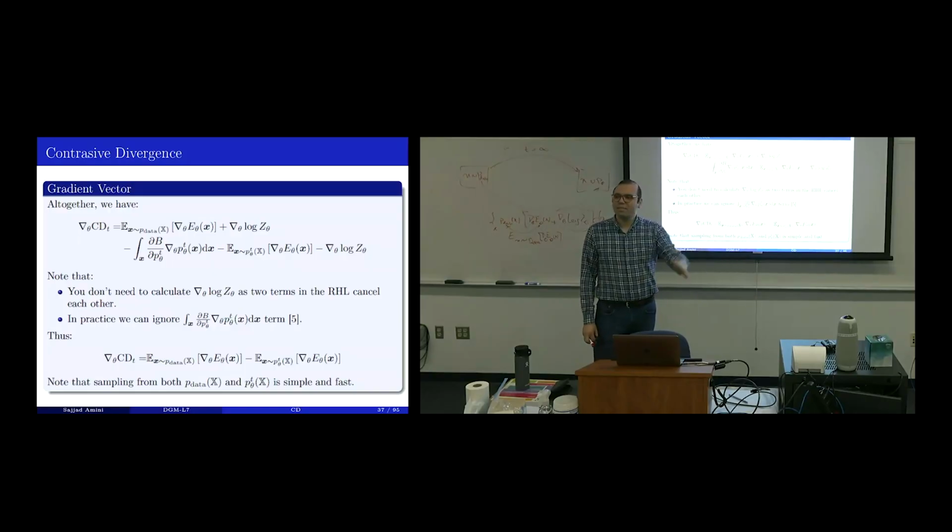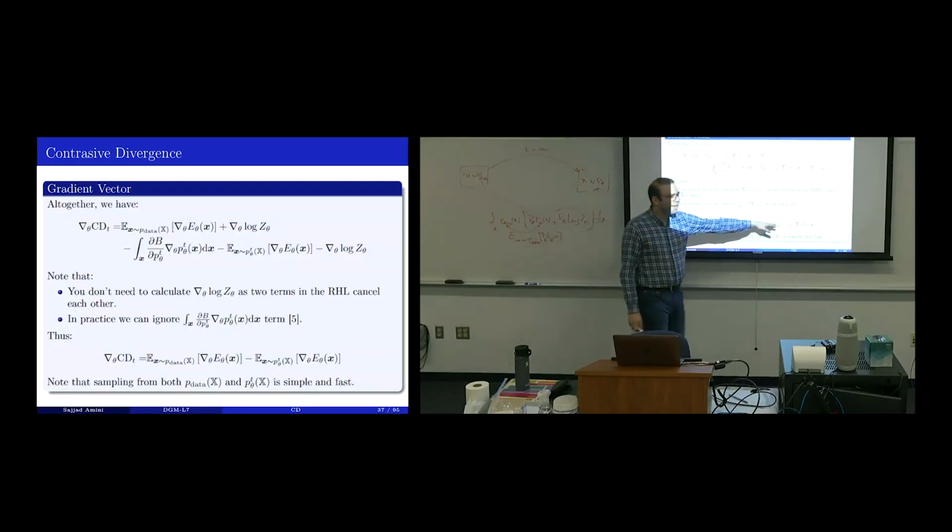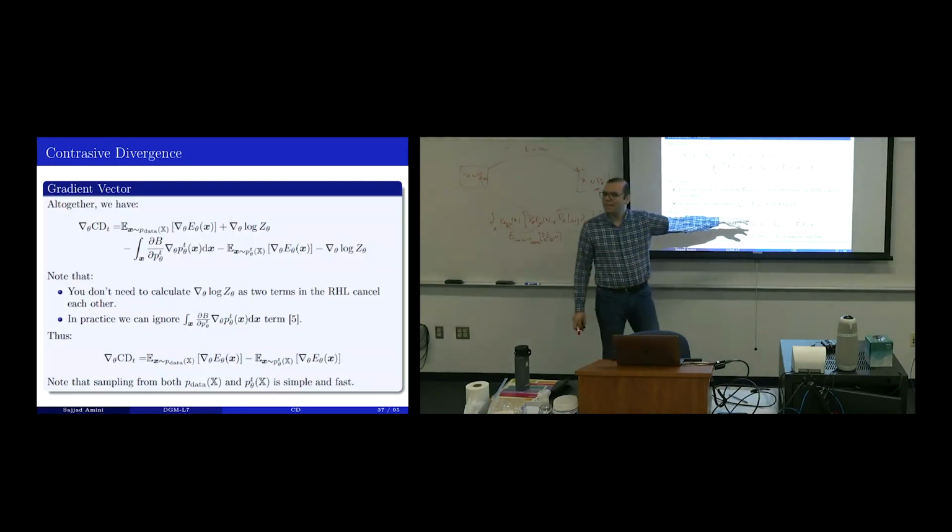It is not needed to wait until the MCMC converges. Just, for example, select T equal to 1. Just have one iteration of MCMC, and you have your samples to calculate the expectation. Does it make sense?